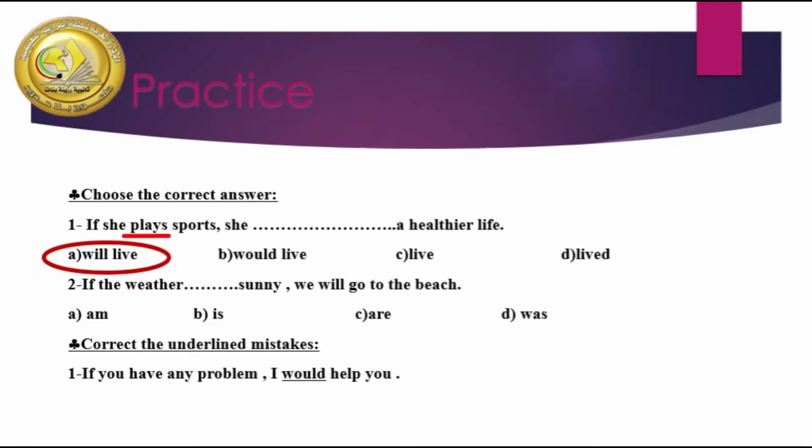Sentence number 2. If the weather is sunny, we will go to the beach. As we can see, here we have will go. We should look for the right answer for the first sentence. Am, is, are, was. Try to think and give me the right answer, please.